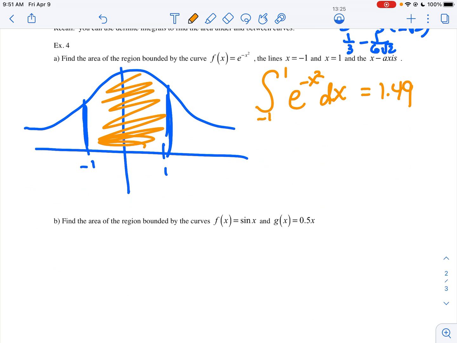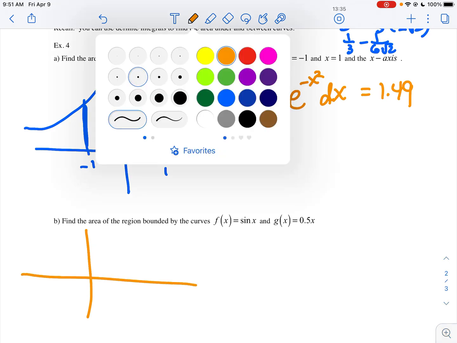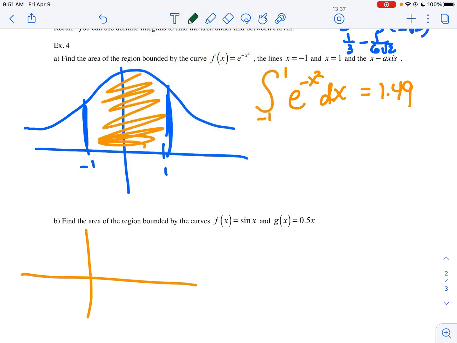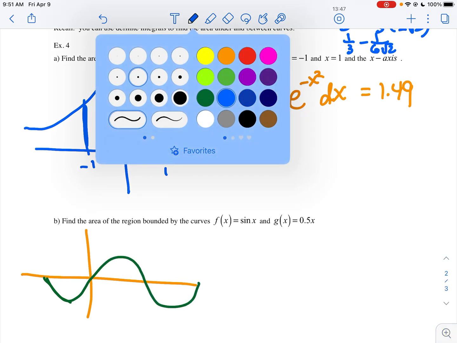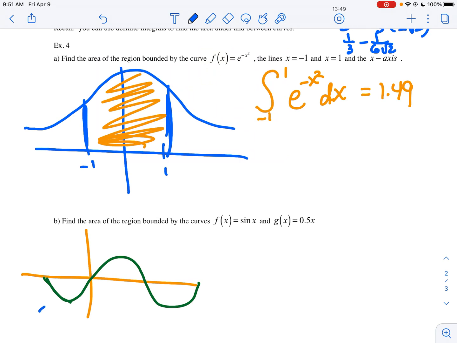All right, part B, find the area of the region bounded by the curves y equals sine x and g of x equals 0.5x. So you're going to want here's the sine x. And here's y equals 0.5x. So you're going to have to find these intersection points.